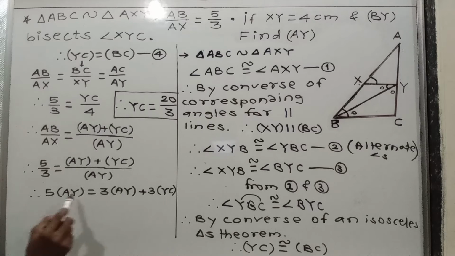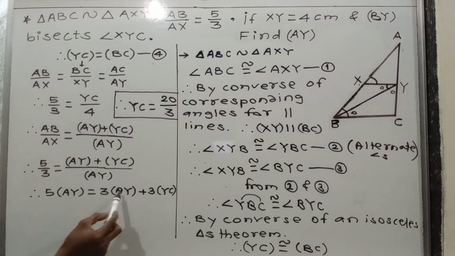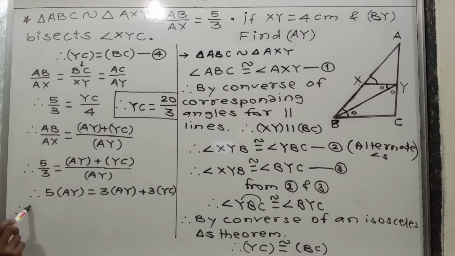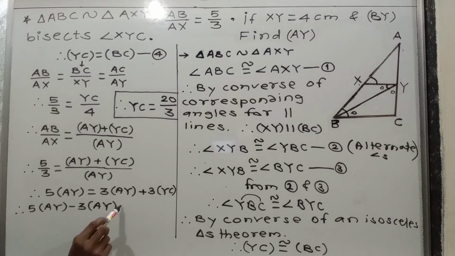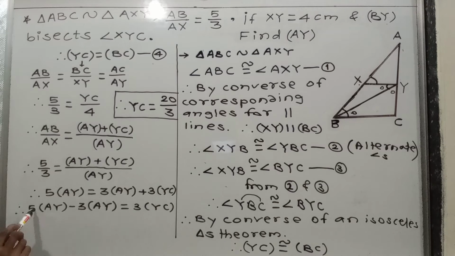Now when we take 3 AY to the left side, 5 AY minus 3 AY is equal to 3 YC. Here 5 AY minus 3 AY means 2 AY. Did you get it?